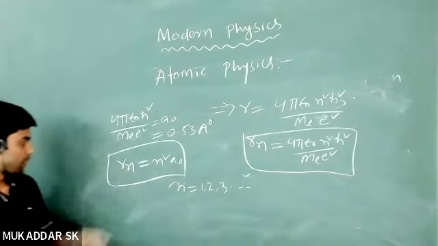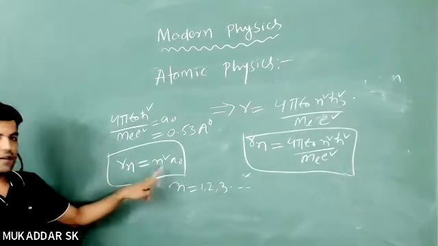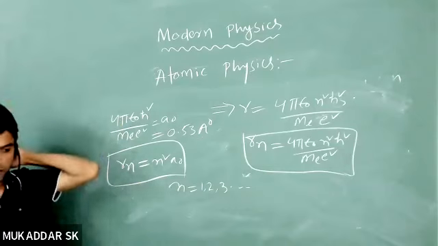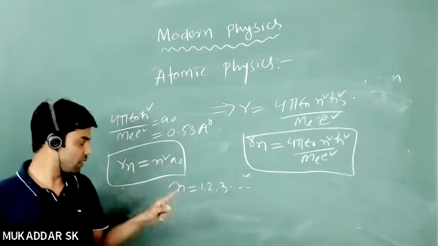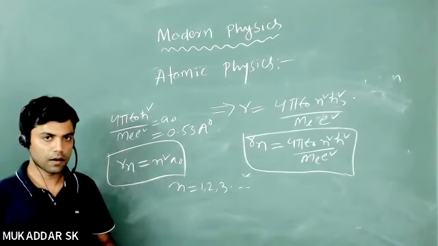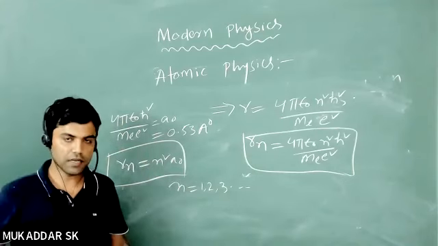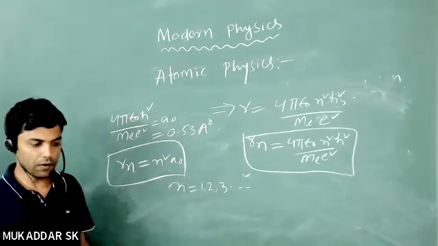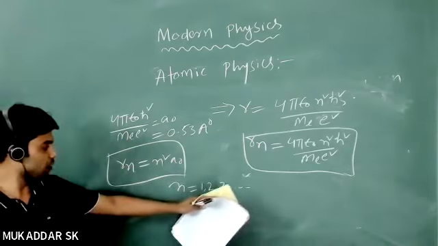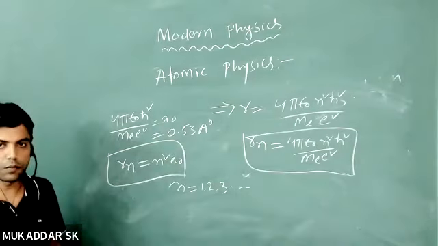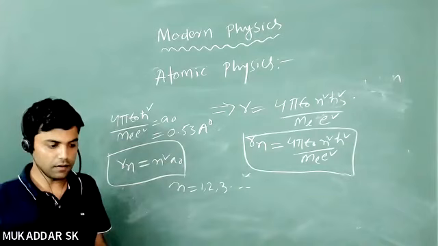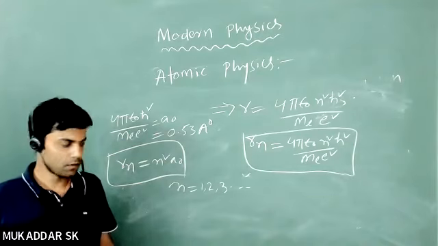Now you see that the orbits will be discrete in nature. So the radius of the first orbit will be a naught, right? Because n will be 1. For the second Bohr orbit, the radius will be 4 times a naught.